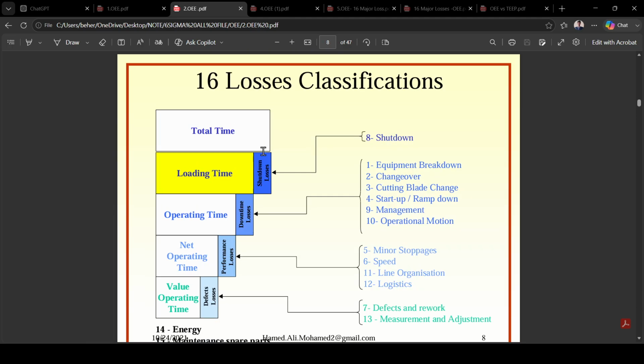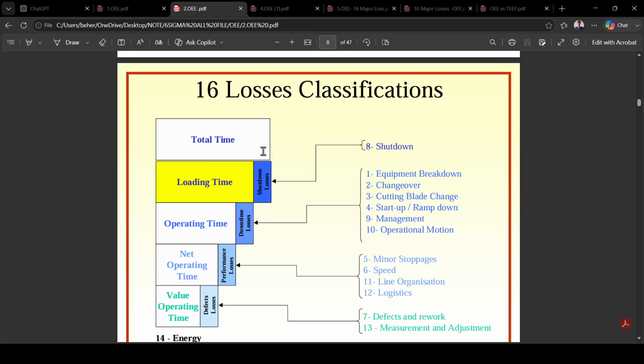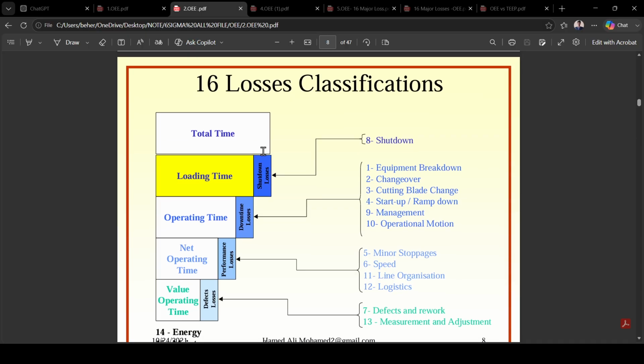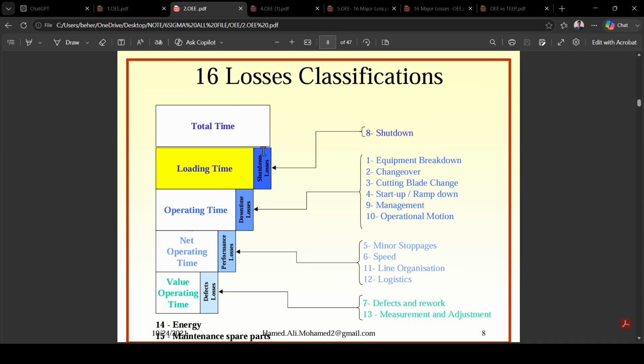And this is the 16 losses calculation. See, these are the 16 losses in OEE. So in a company, if you do not implement OEE, then these 16 losses are there.